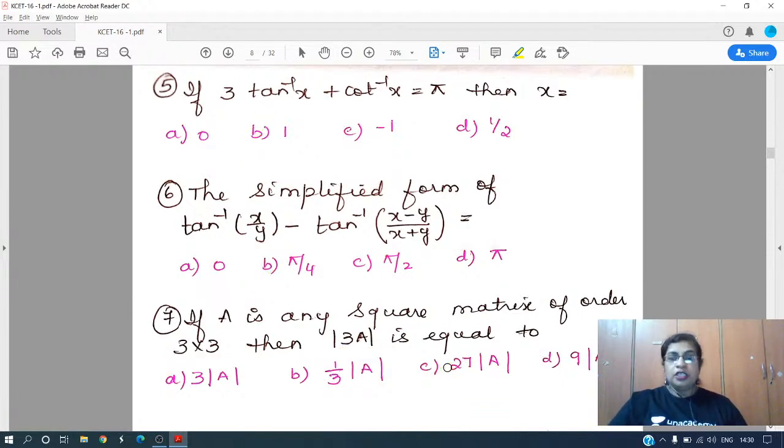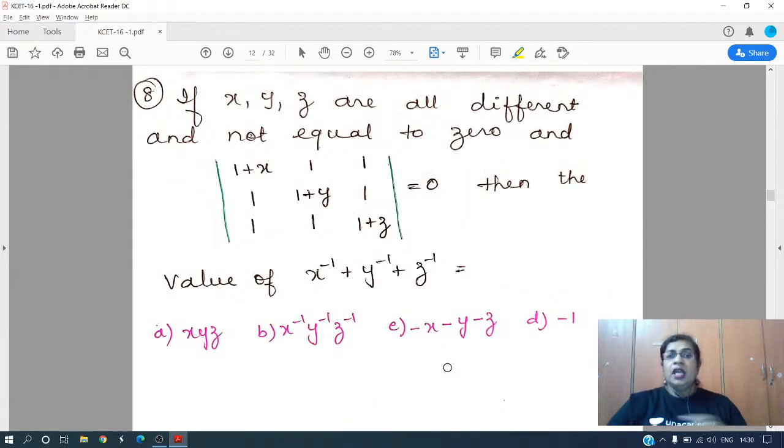Let us move on to the next question. If x, y, z are all different, that means they are not equal to one another: x is not equal to y, y is not equal to z, x is not equal to z. And they are not equal to 0.